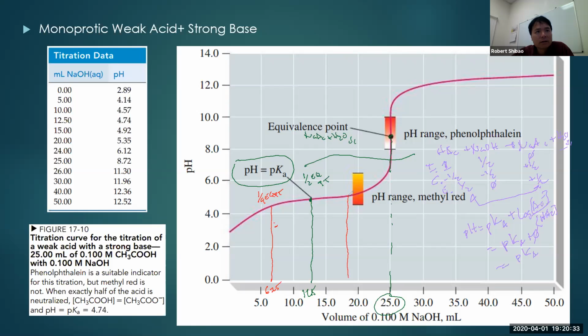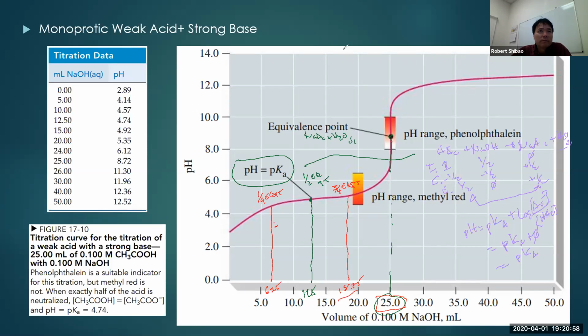It depends on what our full equivalence point is. The full equivalence point is 25 here, so 3/4 of 25 should be 18.75, and I'll call it the 3/4 equivalence point. This is an easy calculation. The 1/4 equivalence point, 3/4 equivalence point, we can calculate rapidly. There's more that are very easy.